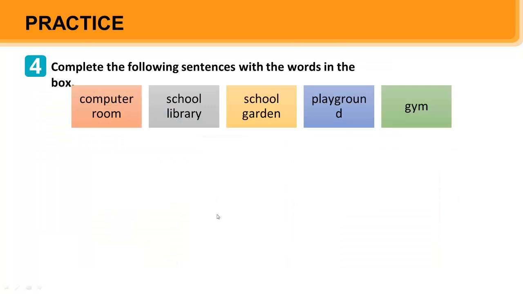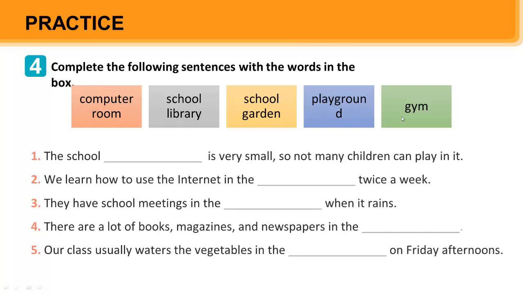Now, activity 4. Complete the following sentences with the words in the box. Now, the words are: computer room, school library, school garden, playground, gym, and the other five. We have 5 sentences.